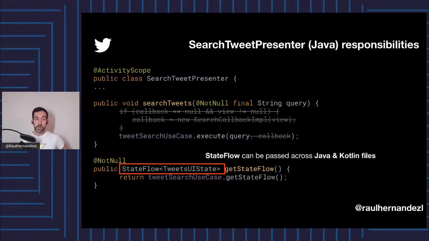But interestingly here, obviously we remove the callback. So we use the same methods we explained a moment ago, but we get rid of the different callbacks that we don't need anymore.